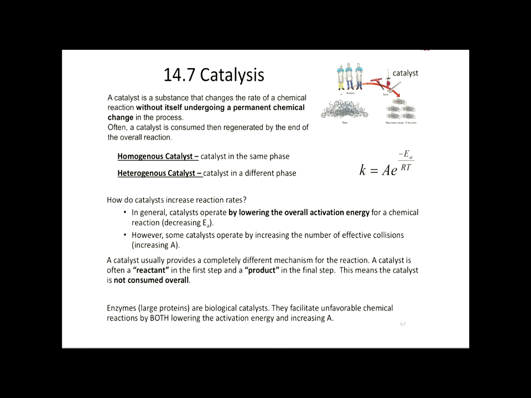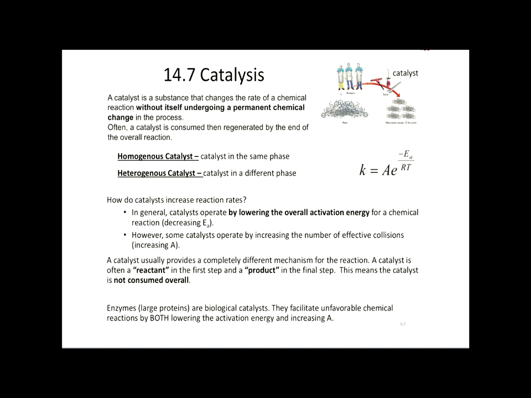We've already talked about that. Heat it by increasing temperature, or what's the other way? Lowering the activation energy. So that is what a catalyst does. A catalyst makes a reaction go faster, so increase k, your rate constant, by lowering the activation barrier, making the hill easier to climb.